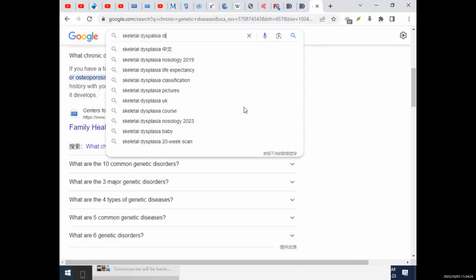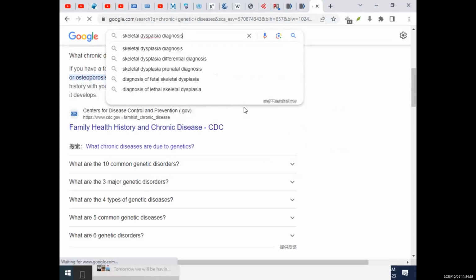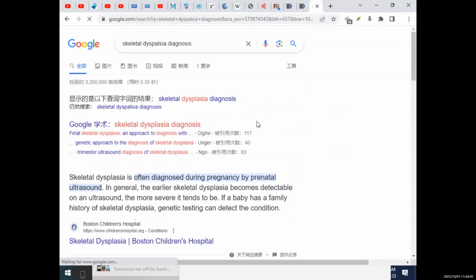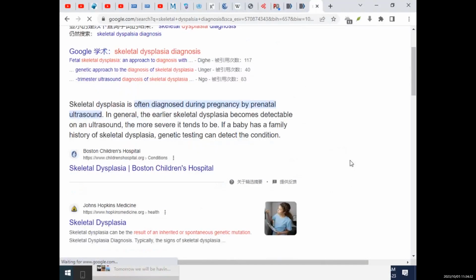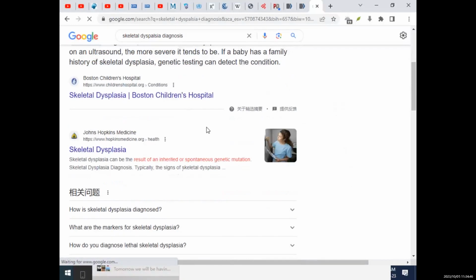Okay, let's find out together if you still stand by it. So we get all the points that basically fall under it. We can use, all right, skeletal dysplasia. Here we go.